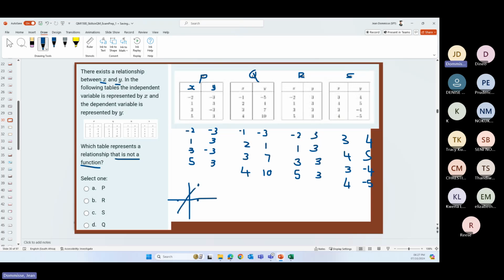It goes something like that. Then where x is 3, y again is -3. Where x is 5, there, something like that. Okay, so that is this function.